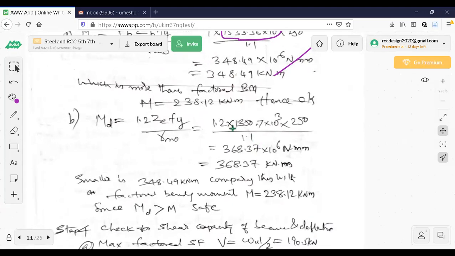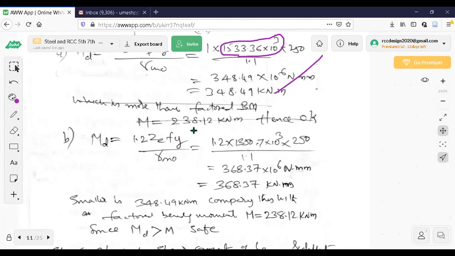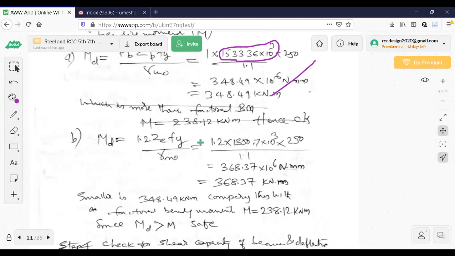So many options are there. It means that after finding these two values, when you compare the smaller of the two with the factored bending moment and the value is less than that, the design has failed. I have to revise it.